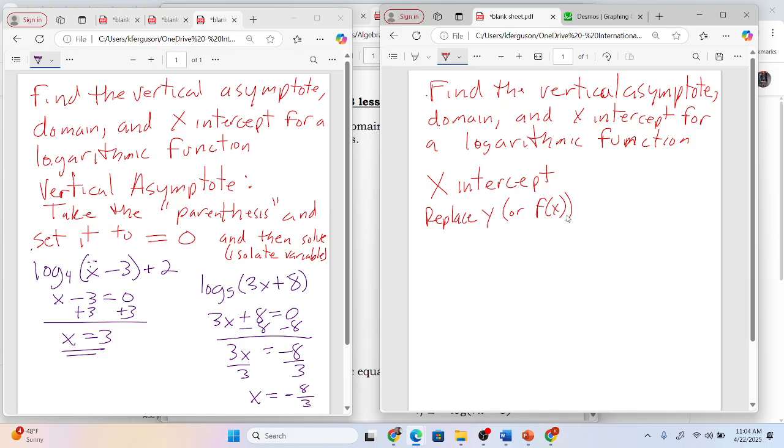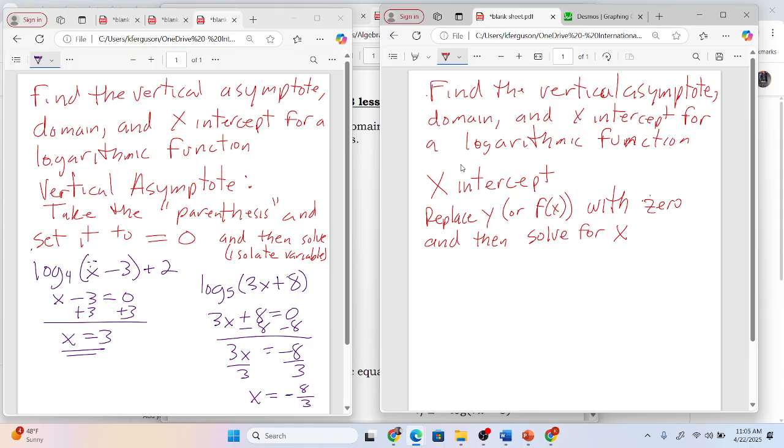So I replace y or f of x with 0, and then solve for my variable. I'm just going to say solve for x, because it's called the x-intercept for a reason. So let's just get it right. Solve for x.